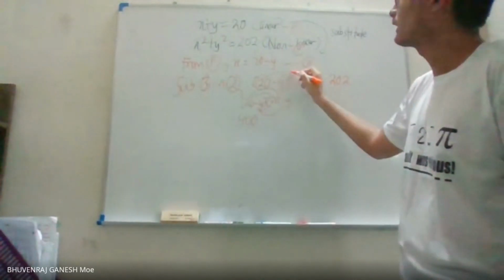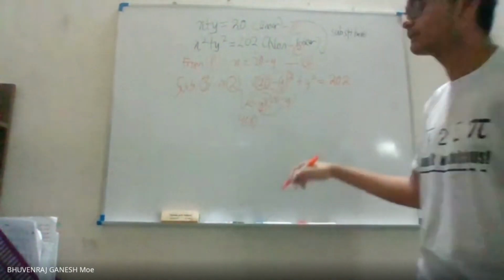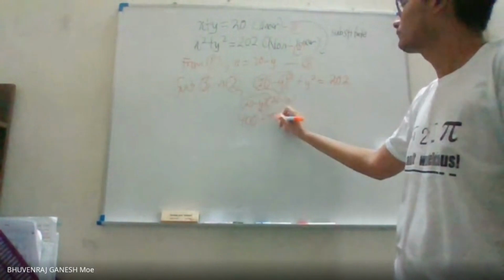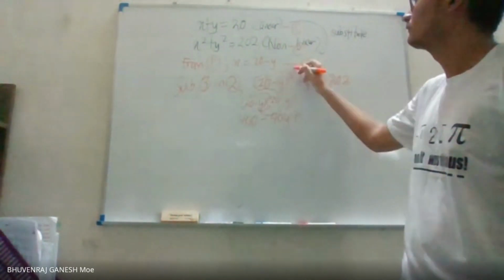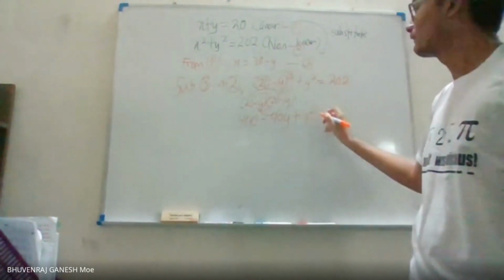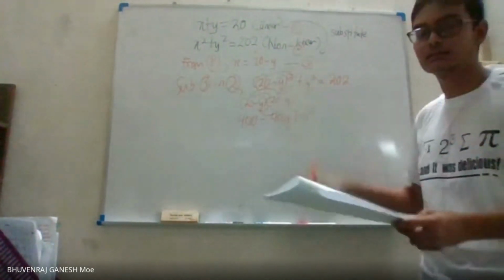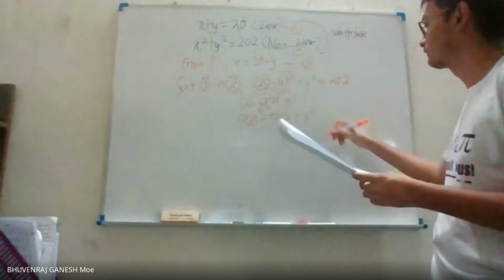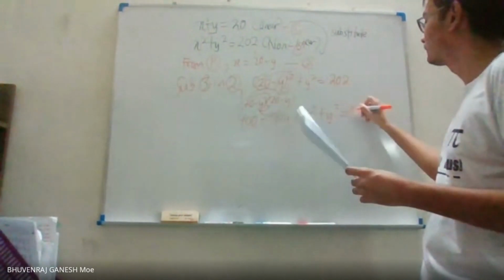So y times 2, you get 2y, then 40y, times 20 again, so you minus 40y. Then you plus your y squared here. So that is the trend. But if you want to write this line, it's okay as long as it avoids a careless mistake. Then you plus y squared again equals 202.